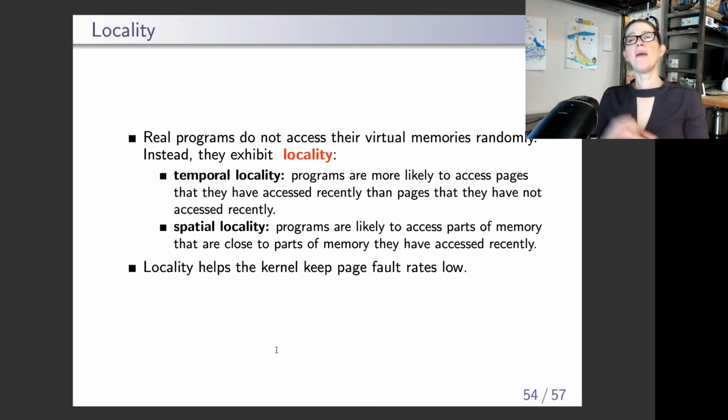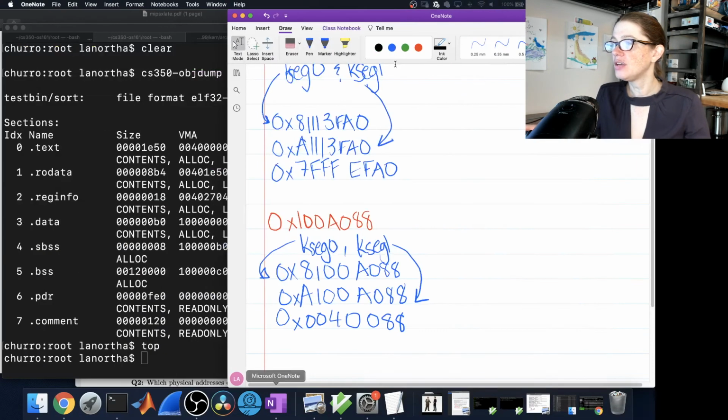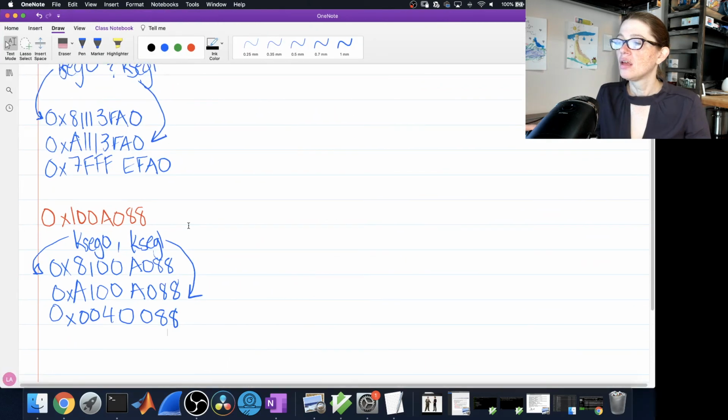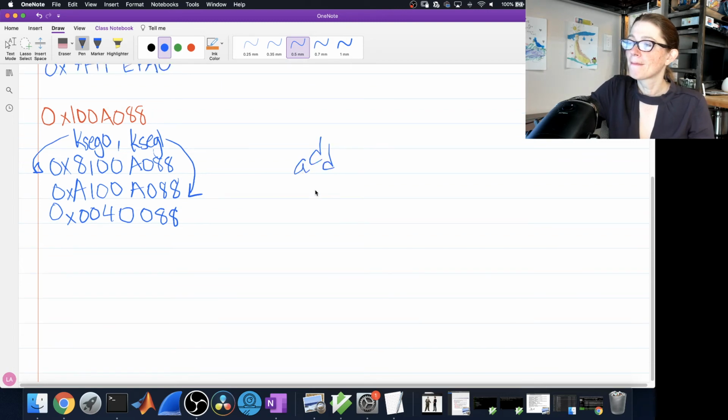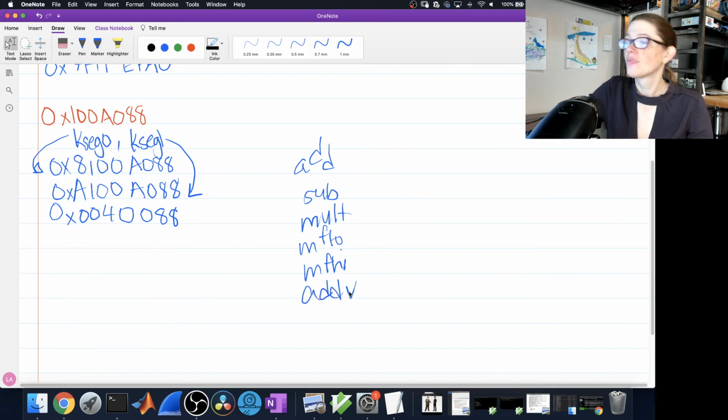Now, why does that make sense? Well, let's bring up OneNote here. If you look at just a list of instructions, what are the addresses of these instructions?